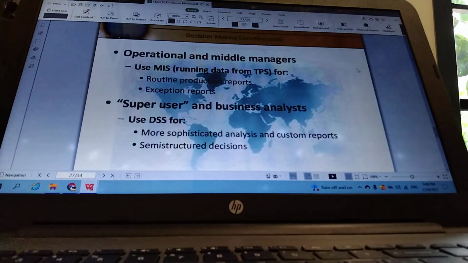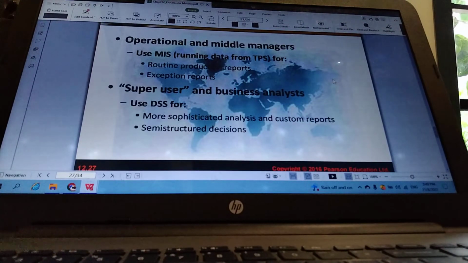And as we have discussed earlier, operational and middle managers also use the BI and BA for decision making by having proper data, information and knowledge. And also we have seen some very specialized people such as the super user and business analysts, and how they use BI and BA to meet their objective.